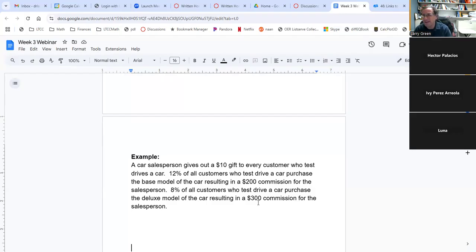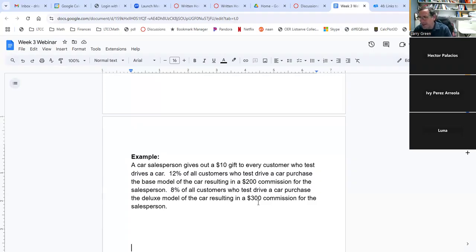Just by looking at this, what's your guess? Give you a moment to type. Okay. You think it might be losing money? Okay, we'll see.